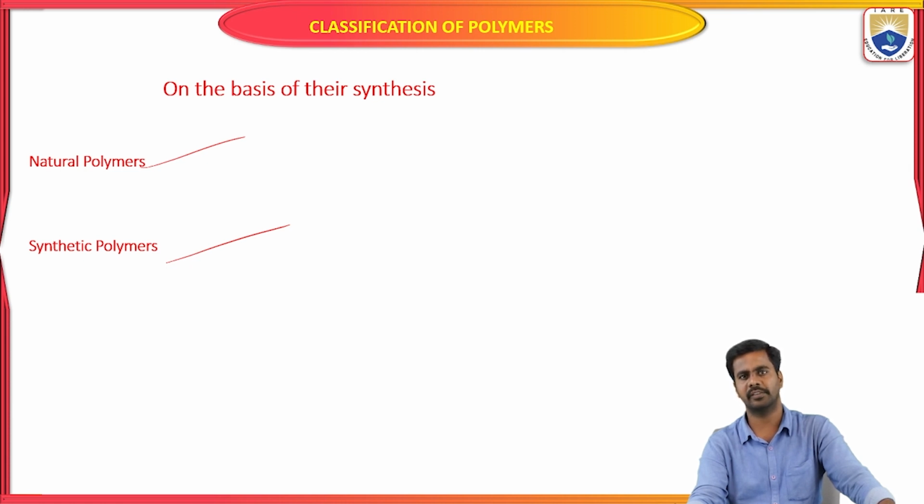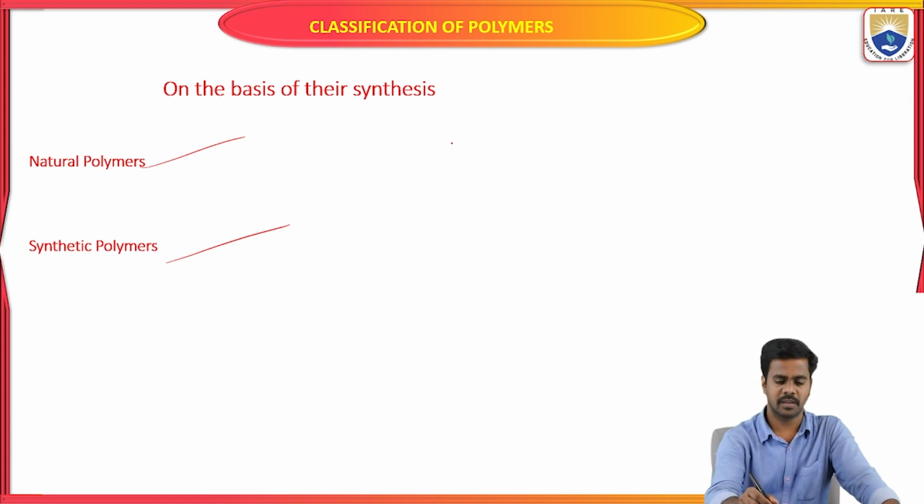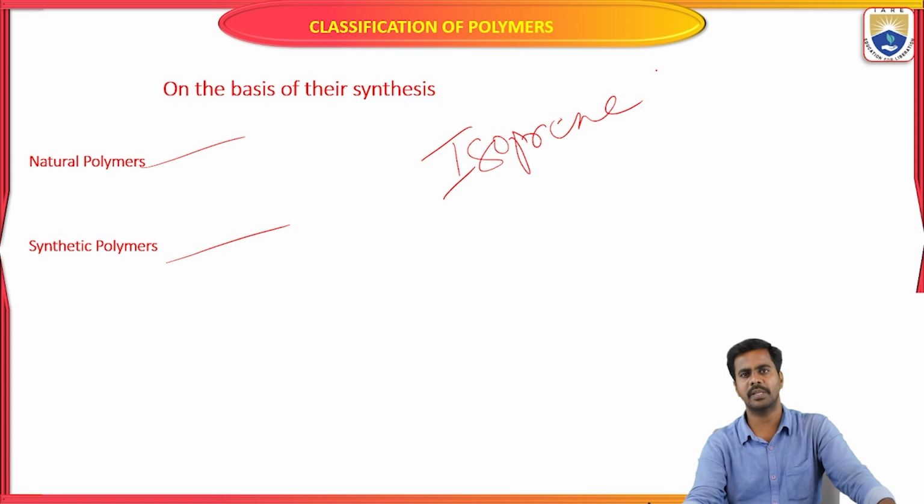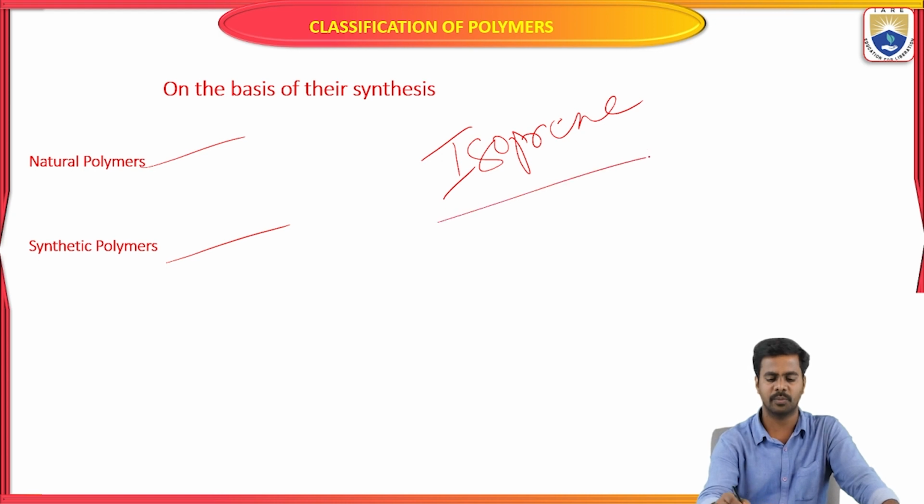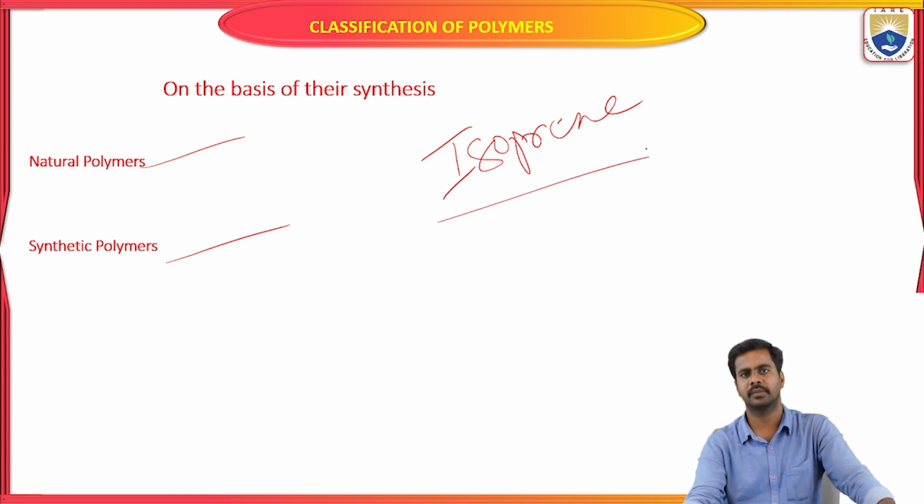For example, natural rubber is isoprene. There is no particular chemical reaction or chemical procedure to synthesize isoprene units. It is obtained from the rubber tree.